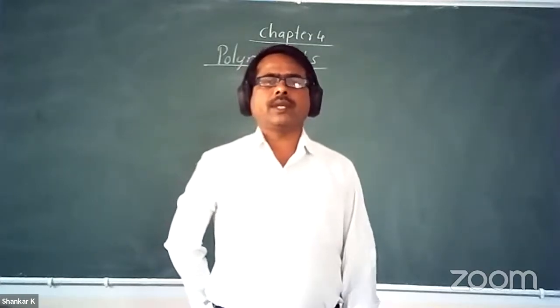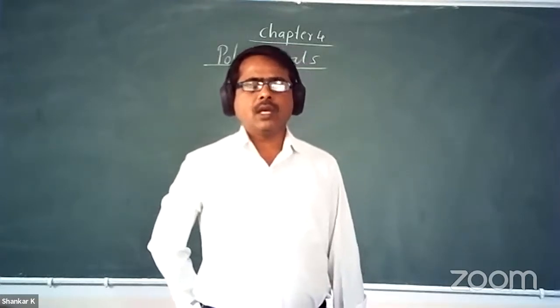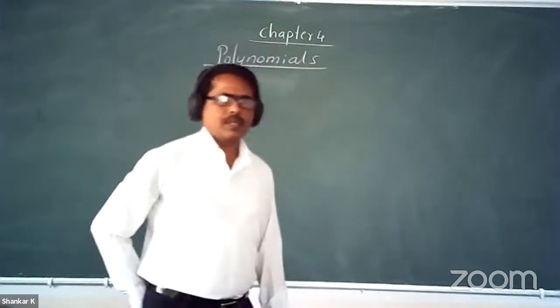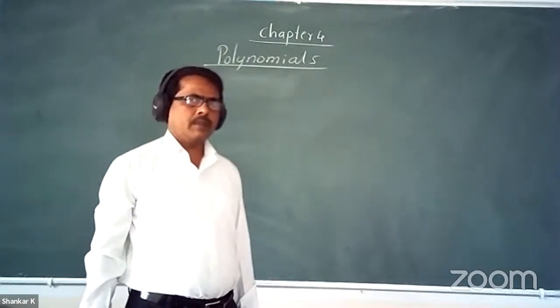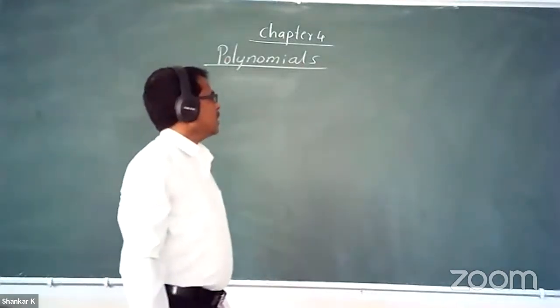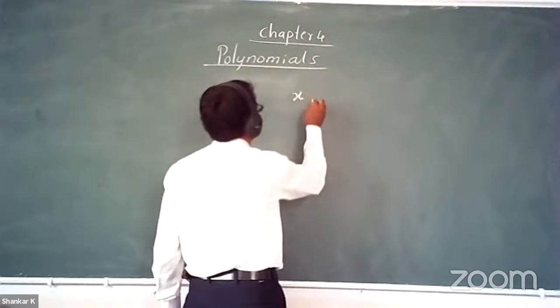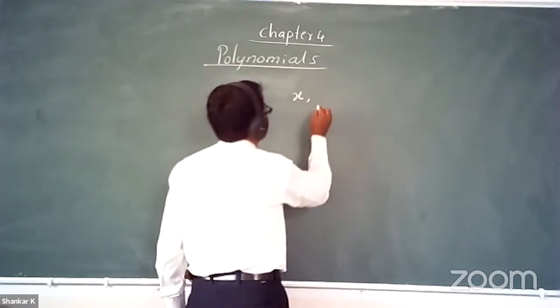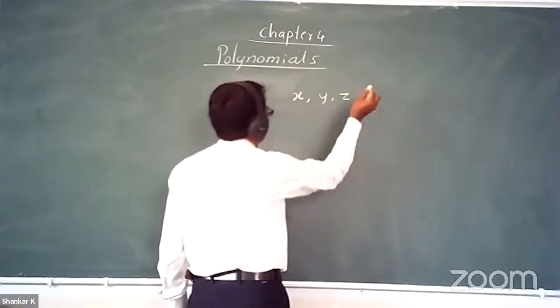What is an algebraic expression? An algebraic expression is a combination of variables, constants, and arithmetic operators. Which are variables? We use the English alphabet, small x, y, z; these are all variables.